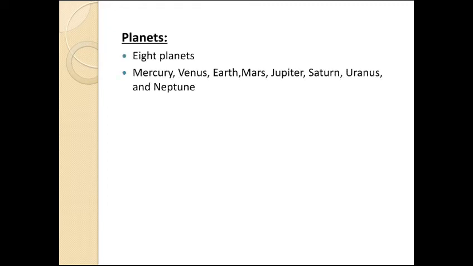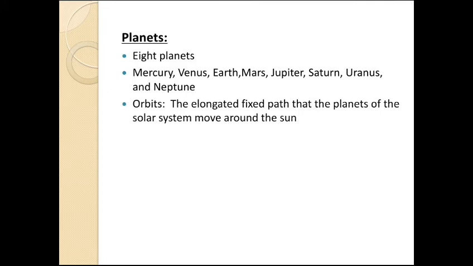Next we can look at planets. There are 8 planets. You have seen in the first slide the picture of 8 planets. They are Mercury, Venus, Earth, Mars, Jupiter, Saturn, Uranus and Neptune. And they are always revolving around the sun in orbits.